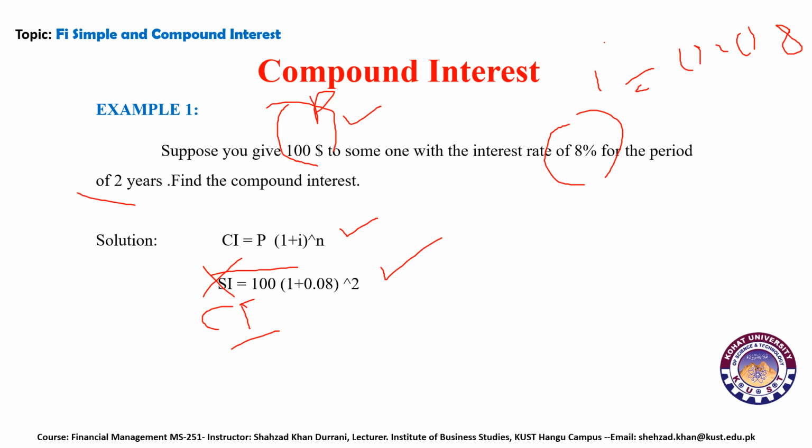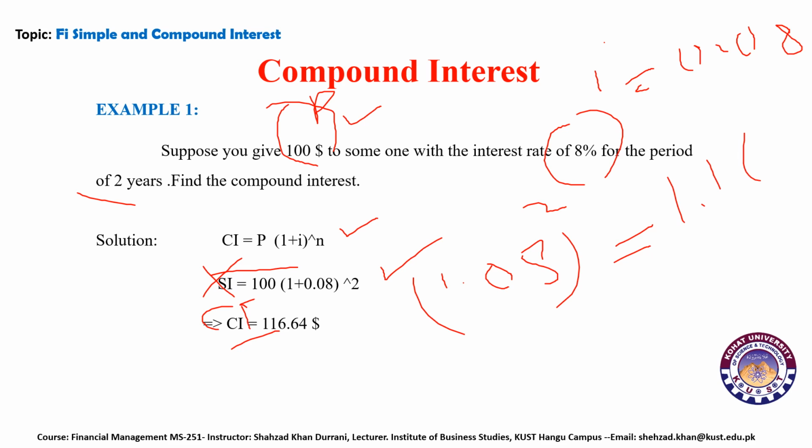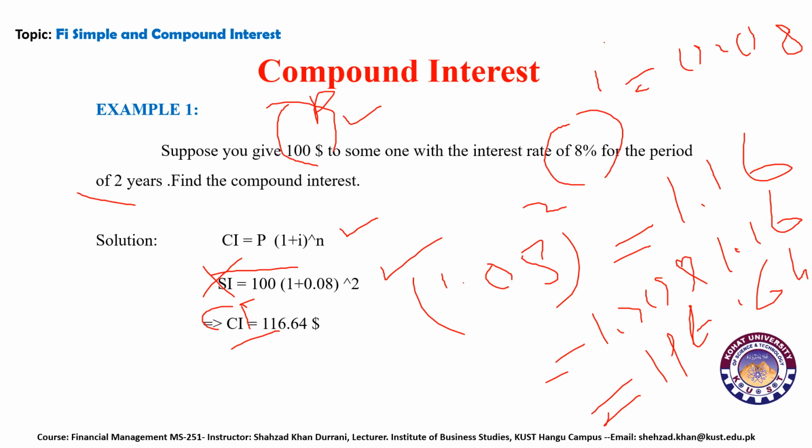First you need to add, so it will be 1.08. If you take its power, it will be something like 1.16, and then multiply it with 100, so 100 multiplied by 1.16, and you will get 116.64. That is called the compound interest, right?